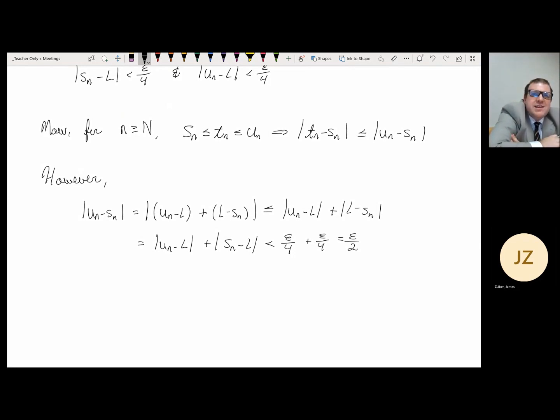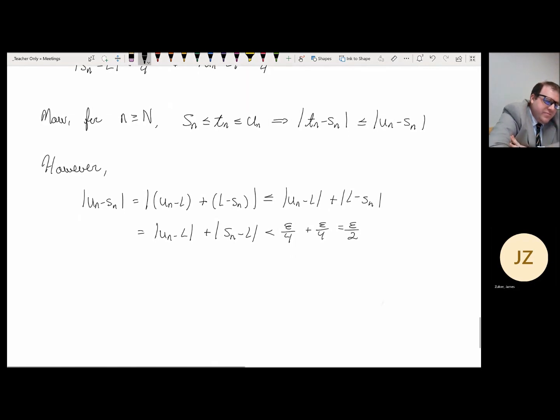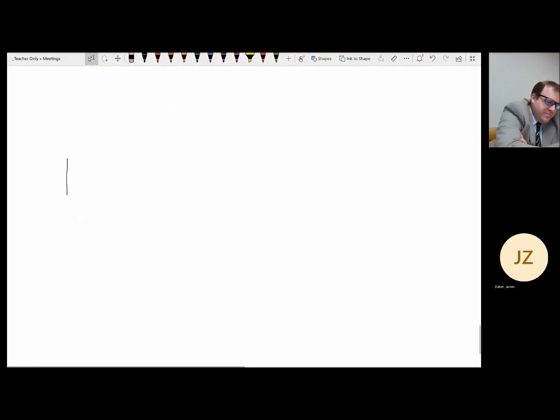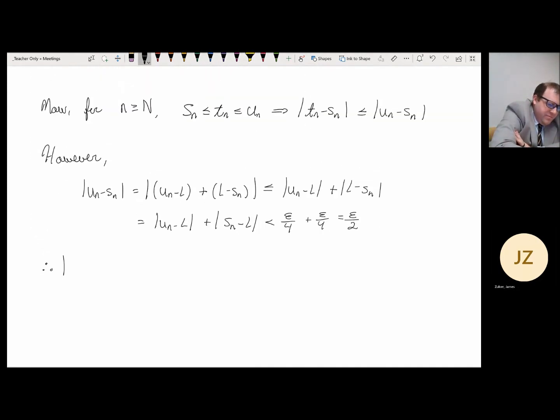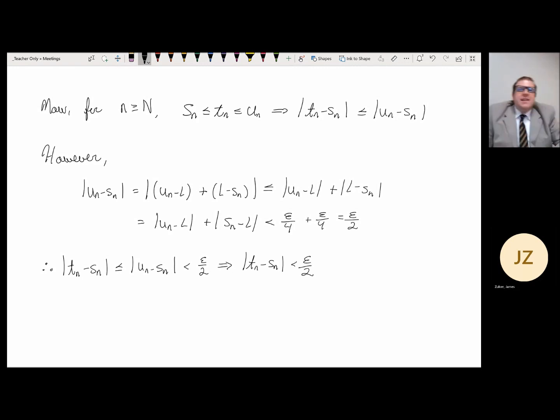But each of those absolute values are less than epsilon over 4. This means that the absolute value of T_n minus S_n is less than epsilon over 2.